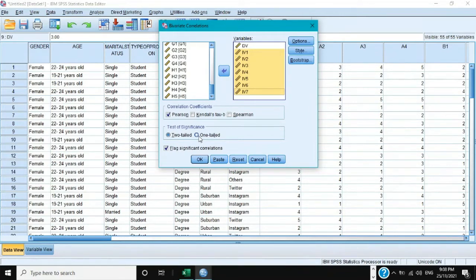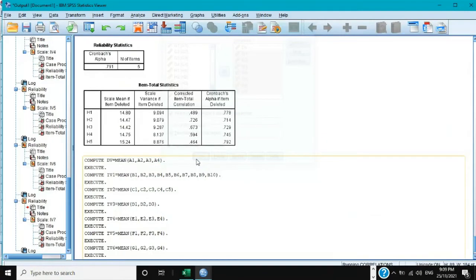You have to change to a one-tail test because you are going to have only one direction, or one tail. But if from your previous research or your literature review you got to know that there are mixed results, then you can click a two-tail test. So if you have the word positive, you change to a one-tail test. If you don't have the word positive, you just change to a two-tail test. And then you just click OK.